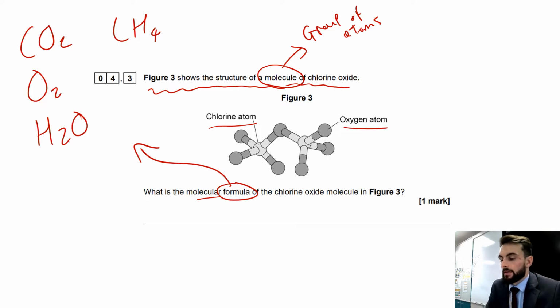All you need to do is look at the picture, and it points to the light circles are the chlorine atoms and the dark circles are the oxygen atoms. So you just count them. You always start with whichever elements are most central in the structure of it. We'll start with the chlorine atoms. You count them. How many white circles are there? 1, 2. Then you write the symbol for chlorine, which is on your periodic table. You don't even need to remember it.